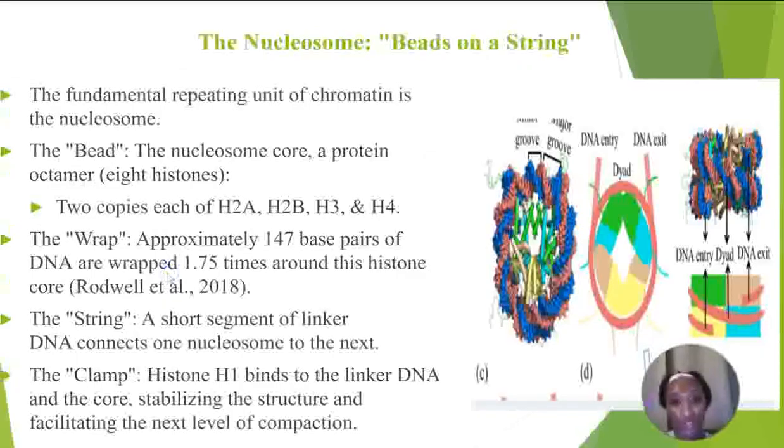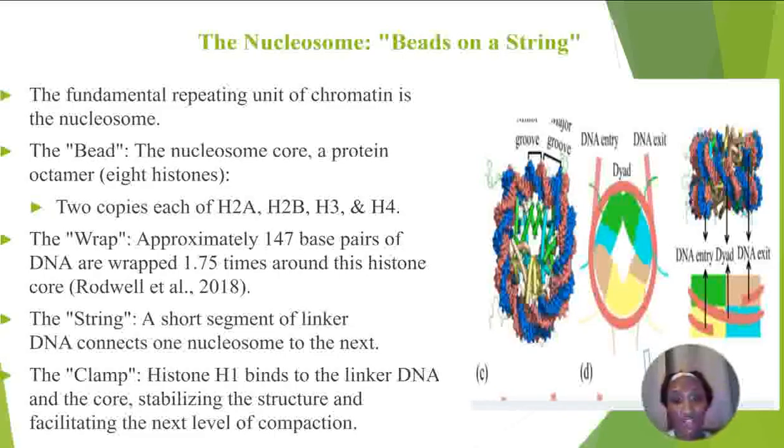So the nucleosomes are often referred to as beads on a string. They are the fundamental repeating unit of chromatin. The bead is the nucleosome core, a protein octamer that has 8 histones, 2 copies of each, H2A, H2B, H3, and H4.